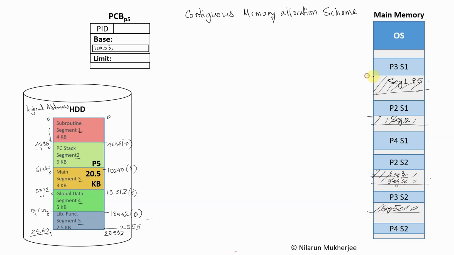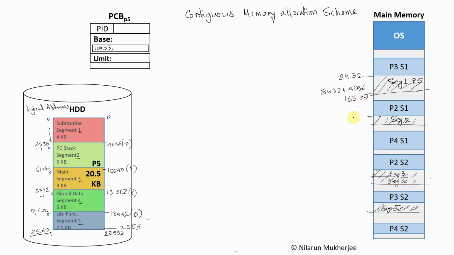Suppose it starts from 8432, so it will end at 8432 plus 4096, so it will end somewhere here.